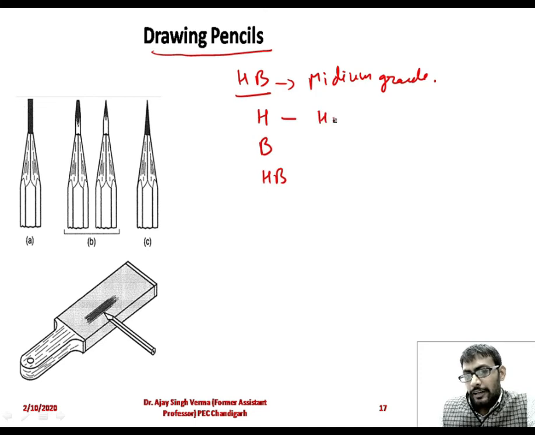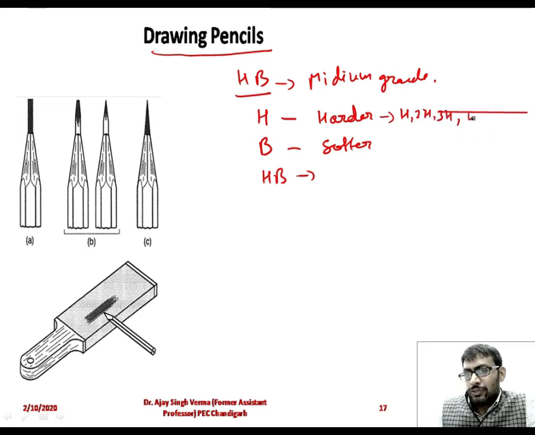H pencil means harder grade, B means softer grade, and HB means medium grade that I already told about. In H pencil there are further nomenclatures: H, 2H, 3H, 4H, and so on. Similarly for B we have B, 2B, 3B, and so on. So what is the purpose of these two pencils, and what is the purpose of the HB pencil?